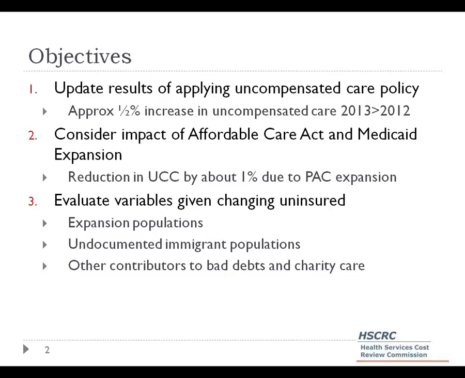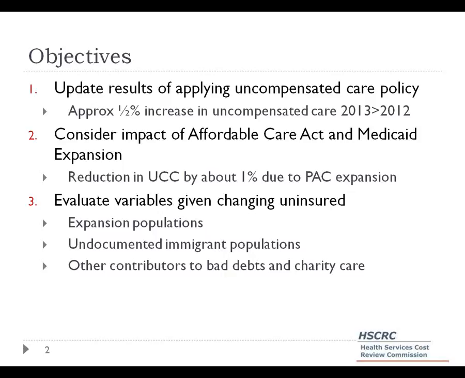So if the allowed uncompensated care for a hospital is higher than the amount in rates, it receives money from the pool; if it is lower, then it pays into the pool. So that's just a high-level overview of how uncompensated care works. And then all payers share in the cost of uncompensated care.